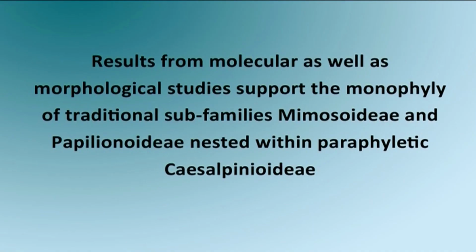Results from molecular as well as morphological studies support the monophyly of traditional subfamilies Mimosoideae and Papilionoideae nested within paraphyletic Caesalpinioideae. Recognition of a broadly circumscribed Fabaceae including Mimosoideae and Caesalpinioideae is thus supported by its monophyly.